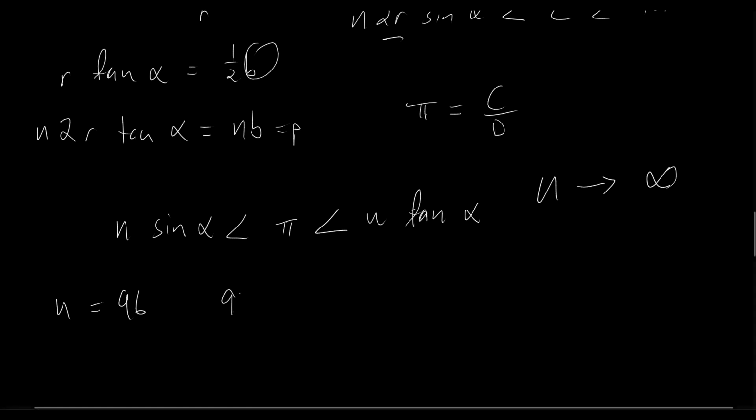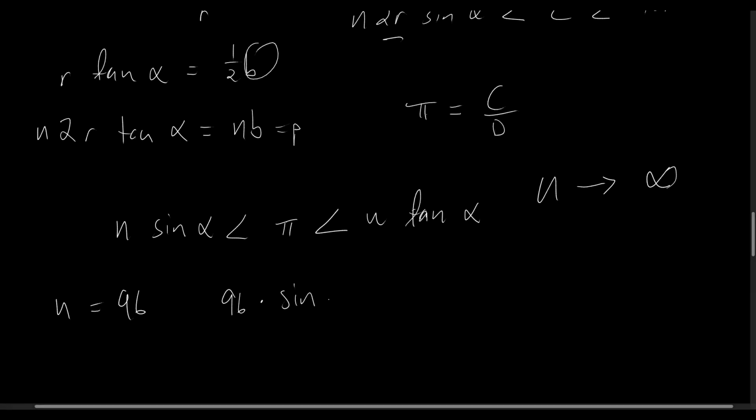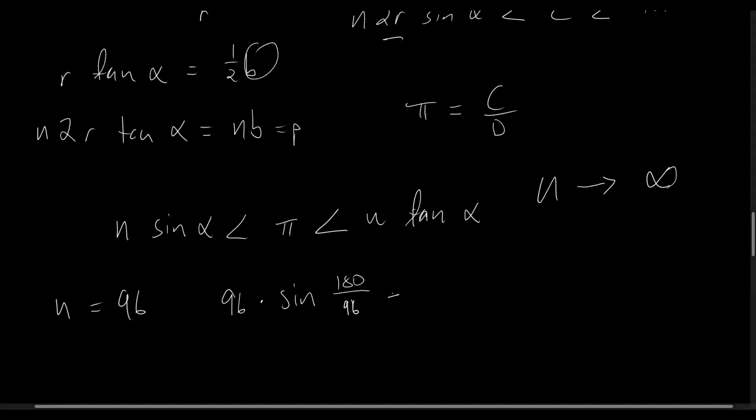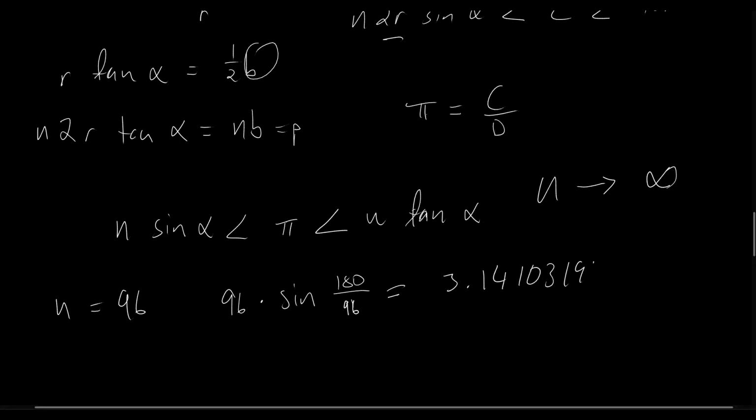So here we'll have 96 times sine, and we know alpha is 180 over n, which is 180 over 96. So what do we get here? Get my calculator out. 180 divided by 96 of that. So here we get a value of 3.141031951.